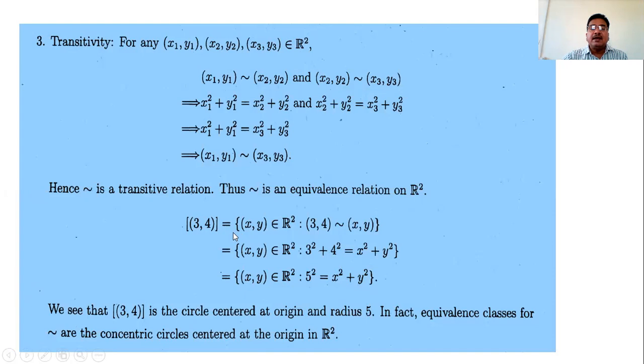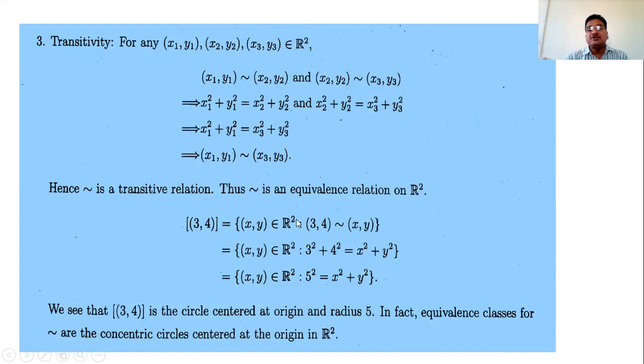It is the set of elements (x, y) belonging to R2 such that (x, y) is related to (3, 4). Those elements from R2 which are related to (3, 4) are the members of this set, the equivalence class of (3, 4).